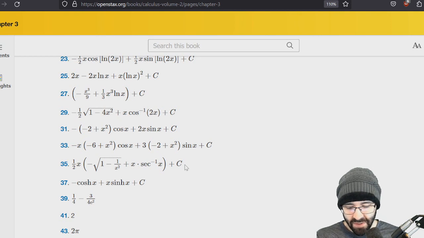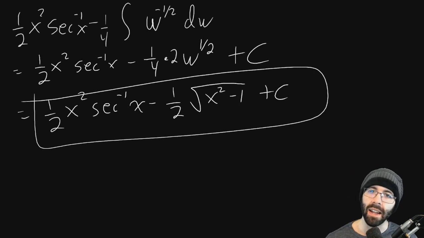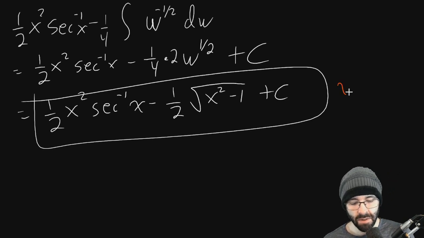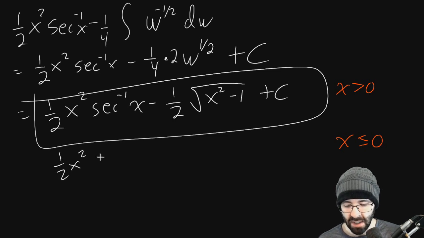I spent a moment thinking about, do we really need that assumption that x is positive? Because if x is positive, this is the answer. And if x is negative, the only thing that changes is that the absolute value of x becomes a negative x.